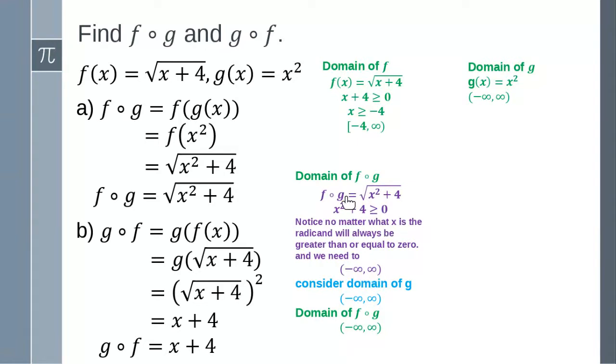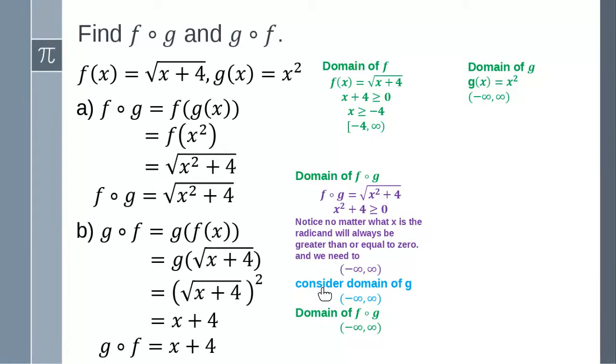So that's always the first step, is what is the domain of the answer you got for the composition. Then the second step is to consider the domain of the second function. So here I have f of g, so you want to consider the domain of just the second function.